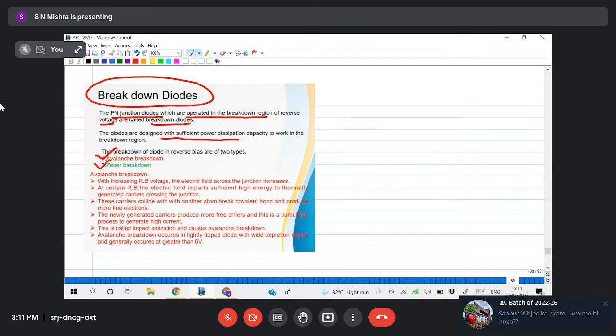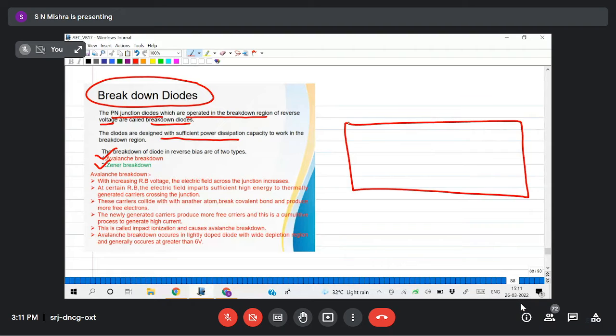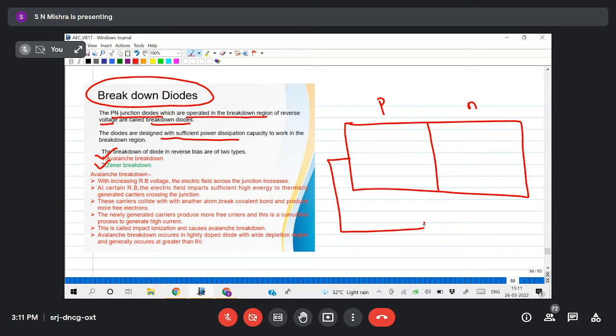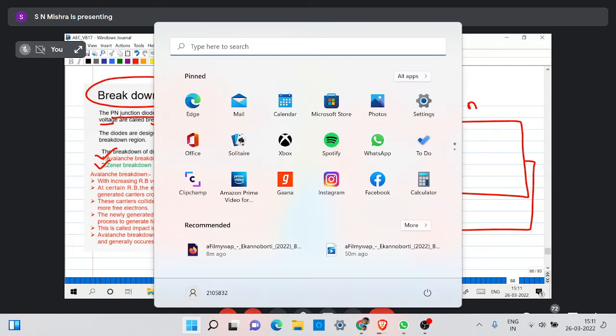If you look at the actual region, let us see. If I take a PN junction diode here and reverse bias it, the depletion region will increase. We will observe the depletion region here.